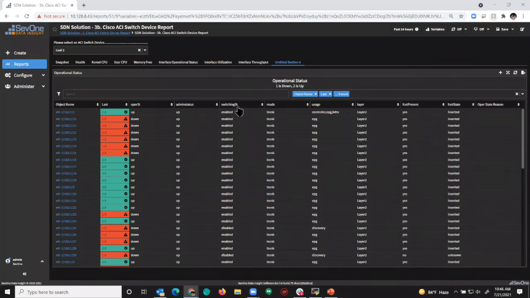It's a metric we didn't collect before; now we're collecting it and can show it over time. For example, this port has admin status up but switching state down, so you'd say there's a policy issue here. Why is this port not used? It's based on the way it's configured.